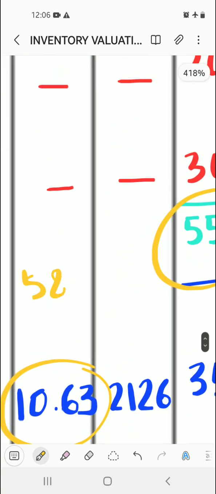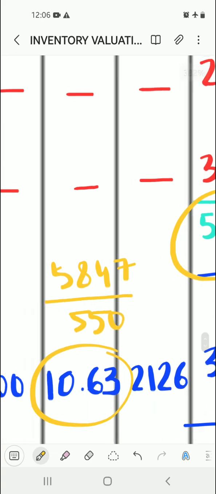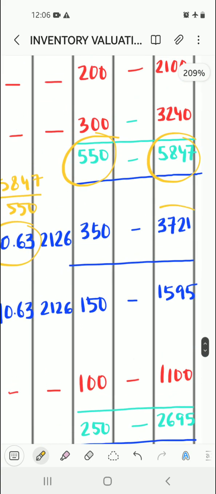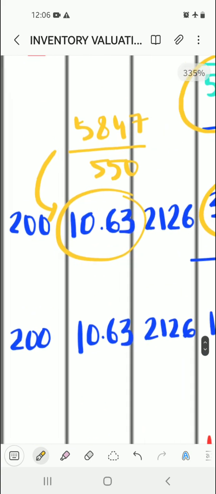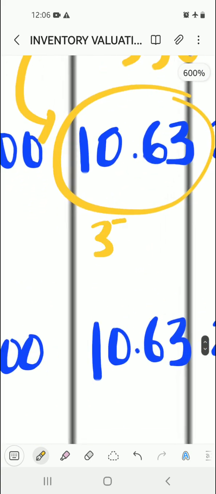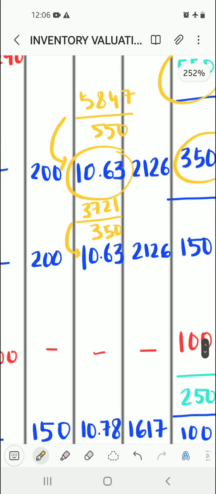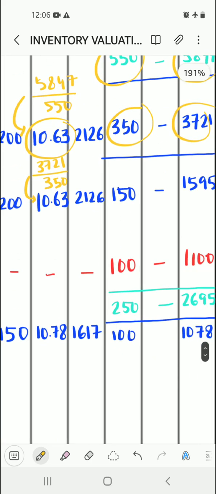That is how we have got 10.63. Similarly, for the next number, it is 3721 divided by 350. That is how we have got 10.63. Round figures, both the same.